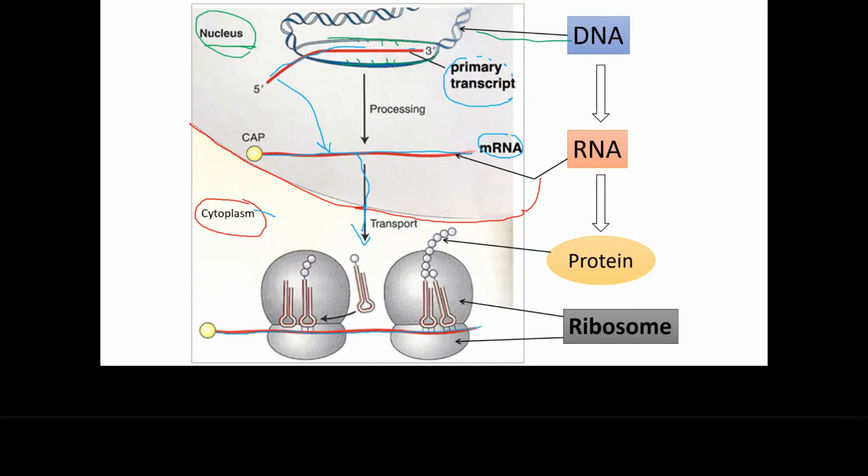It brings the message to the cytoplasm that we need to produce a protein with specialized amino acids, based on the nucleotide sequence. So this mRNA has a different sequence, different nucleotides.